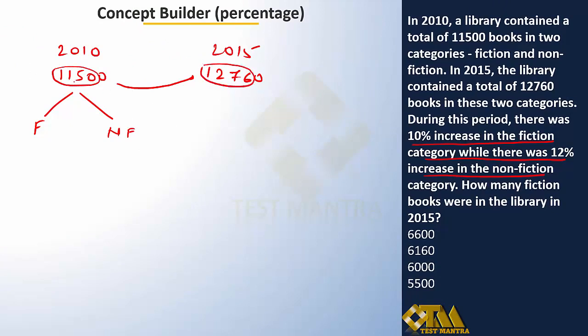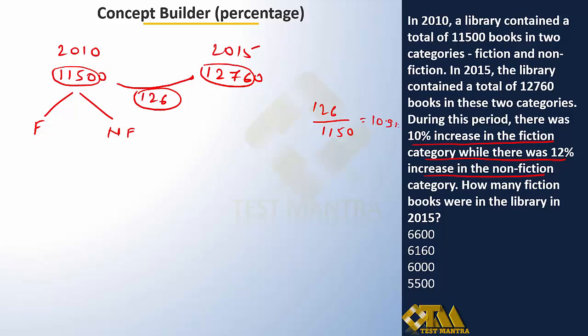Suppose we take 1150 and 1276, the increment is 126 out of 1150. If we try to find out, it's approximately 11%, slightly less than 11%. 10.9 will be the value here.